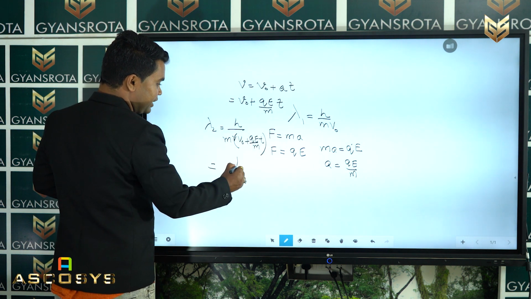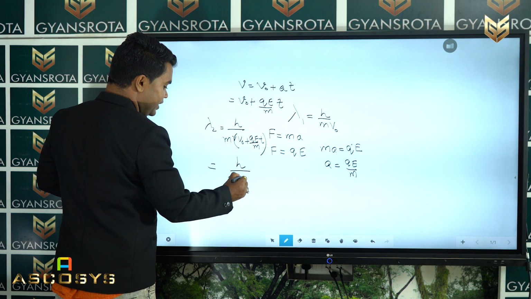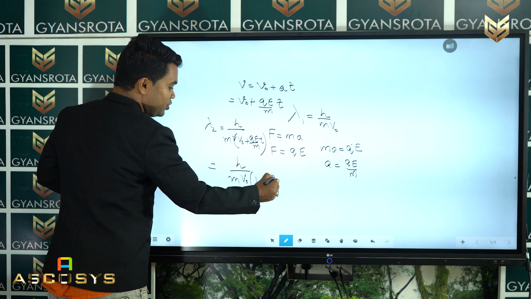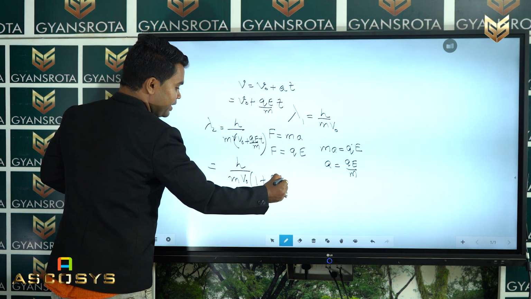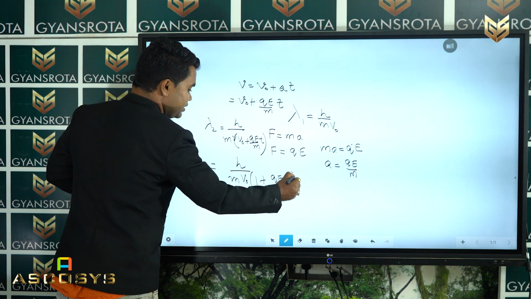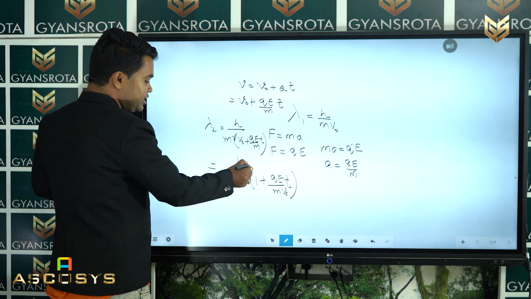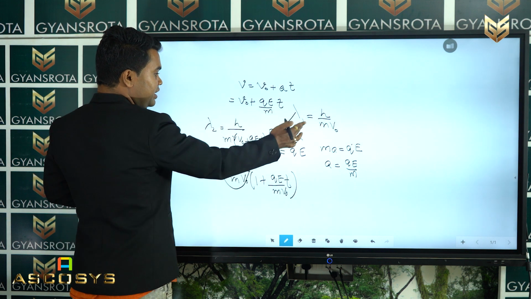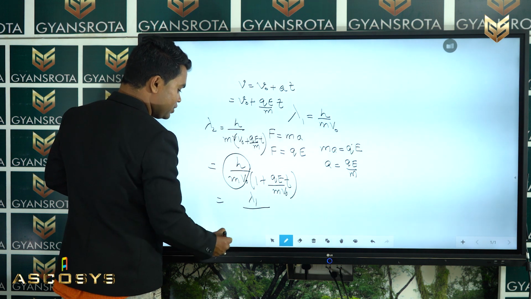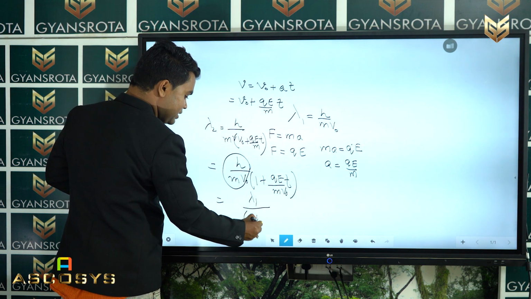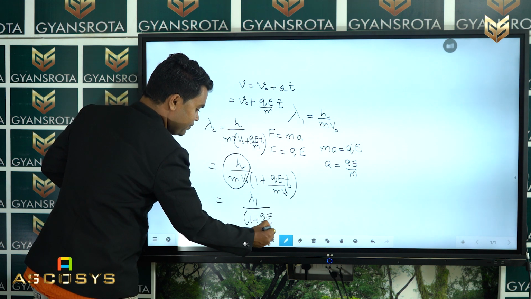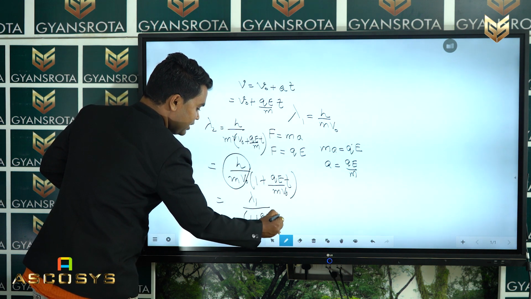So how will you do it? h by m, if I take v naught common out here, it will be 1 plus qE divided by m v naught multiplied with t. So h by m v naught is my initial wavelength, that is lambda 1. So lambda 2 is equals to lambda 1 upon 1 plus qE divided by m v naught multiplied with t.